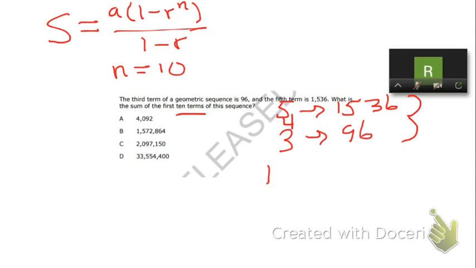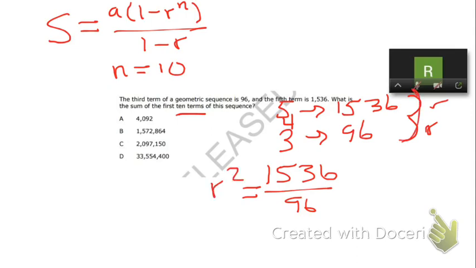So you got 1536 divided by 96 is equal to, not divided by 2, we got to square root it. So we multiply by x, let's call it r. Multiply by r and r again. So r squared should be what is being multiplied here.